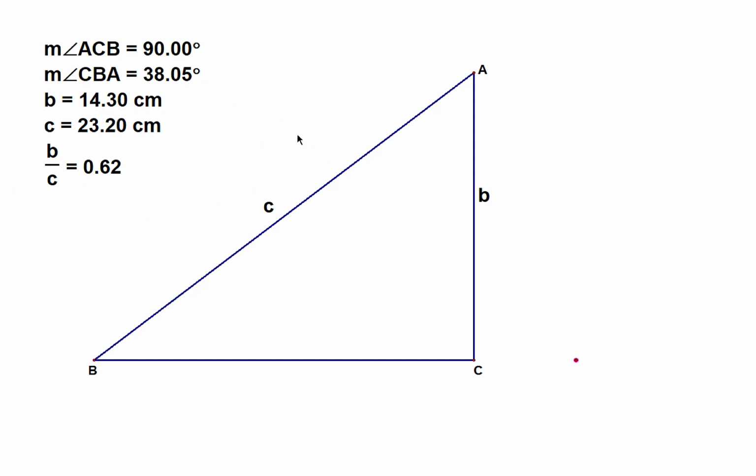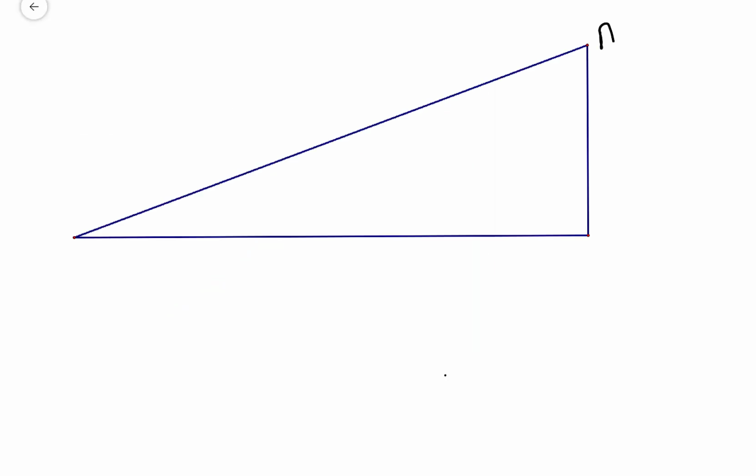So now what we can do is this. Say we have this right triangle ABC. This is the right angle. And let's address this angle by a generic notation, theta.